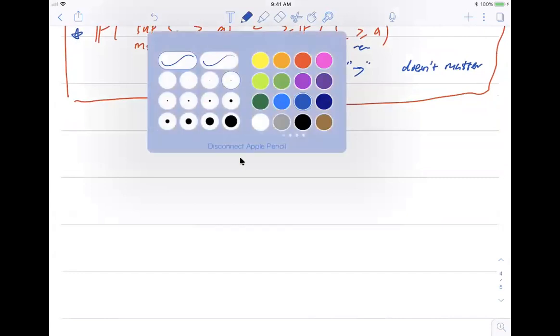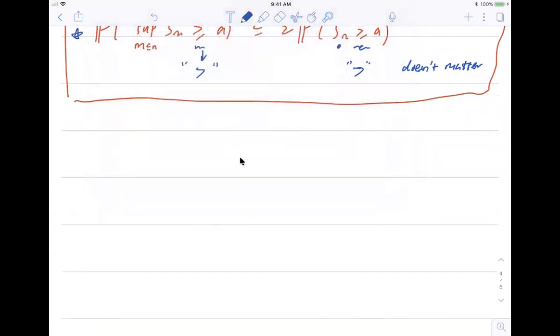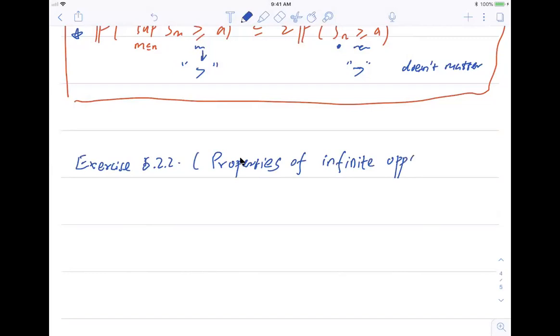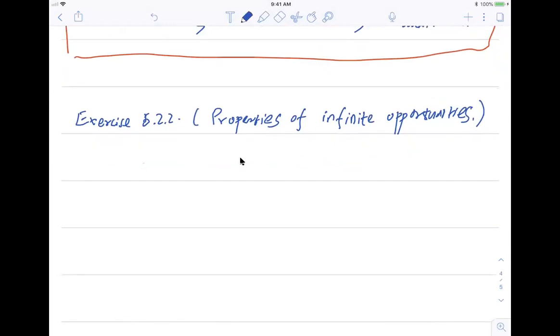This is a statement in the fourth edition of the textbook, where it is now exercise 2.2, about properties of infinitely often events. This is your exercise, your homework problem.